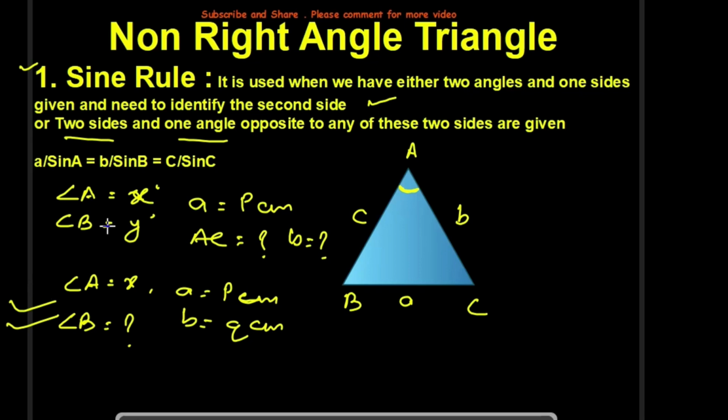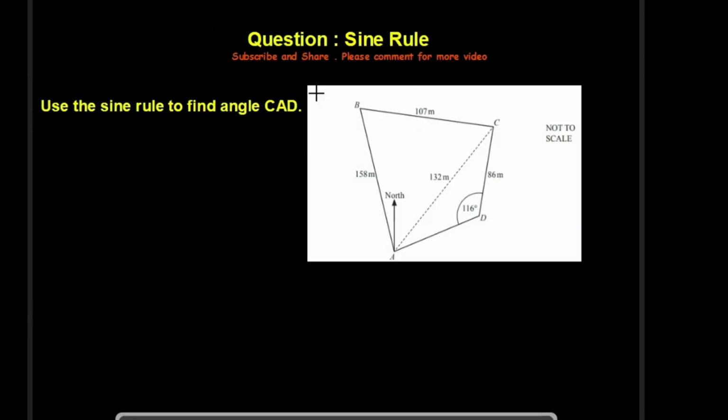Okay, any doubt for the sine rule? No, right? If we have a relation between two sides and two angles, then we can go ahead and apply the sine rule. So let's take an example and try to solve a few questions based on the sine rule.